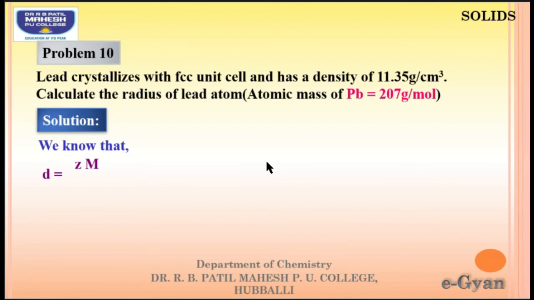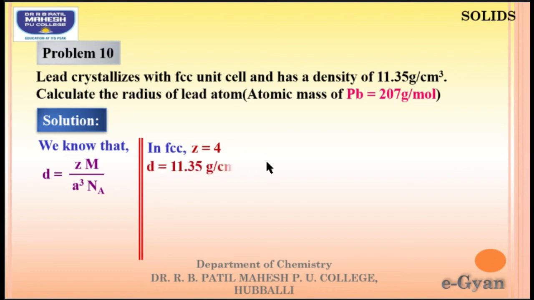So the density formula we already know, Z into M divided by a cube into Na. In FCC, Z is equal to 4, density is 11.35 which is given, Avogadro number 6.023 into 10 to the power of 23, mass 207 they have given.